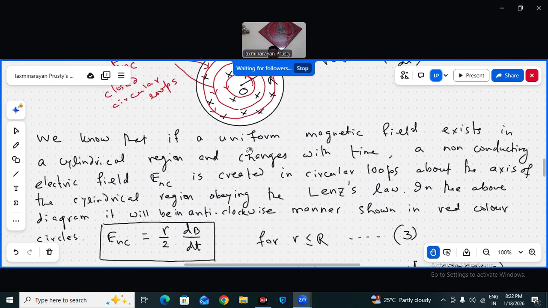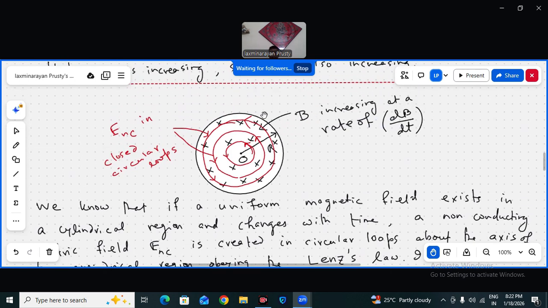And that value you must already have studied in the induction chapter: E equals r by 2 times dB by dt, where r is the distance from the axis and r is less than capital R. Capital R is the radius of the cylindrical region in which B is existing and changing.